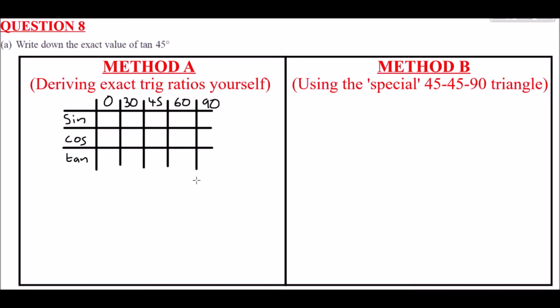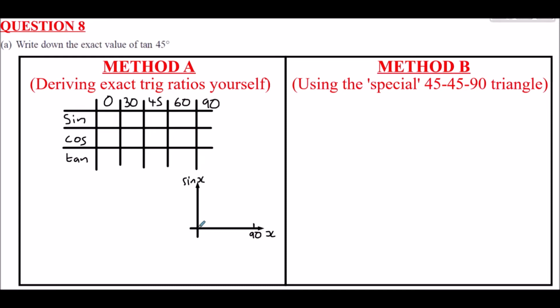Now, if you remember the graph of sine, just the beginning of the graph really, what happens to the graph of sine as x moves from 0 to 90? Well, as long as you remember just the graph of sine, you can work out the others.